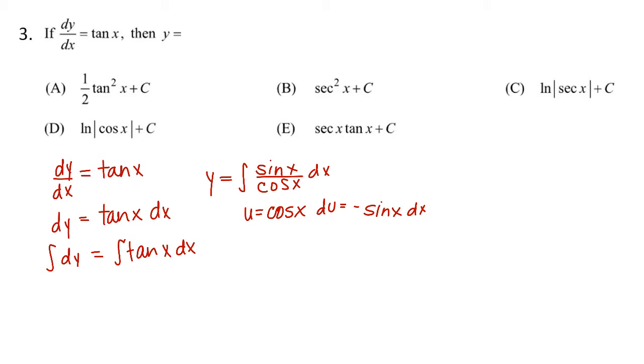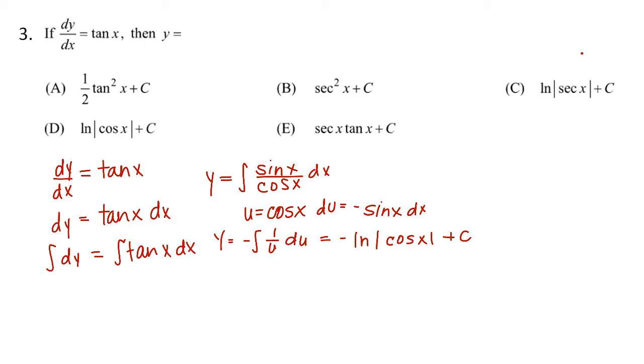And so notice that we're getting the integral of negative 1 over u du, which is negative natural log of the absolute value of u, which is cosine x. And then of course plus c, don't forget plus c. You go to places that you don't want to if you forget plus c.